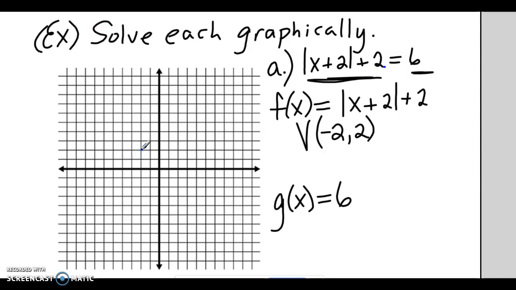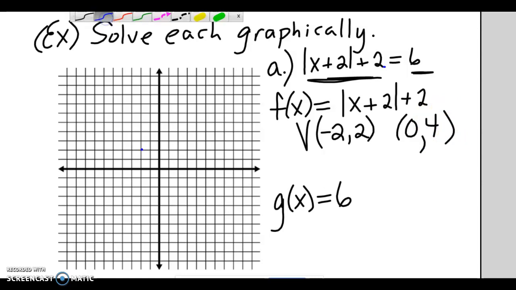You can't see that hardly, but there it is. And then, just like number 2 on our bell work, we need to find a second point. So I'm going to let x equal 0 and evaluate in that absolute value. So 0 plus 2 is 2. The absolute value of 2 is 2. Plus 2 is 4. So I get the point 0, 4.